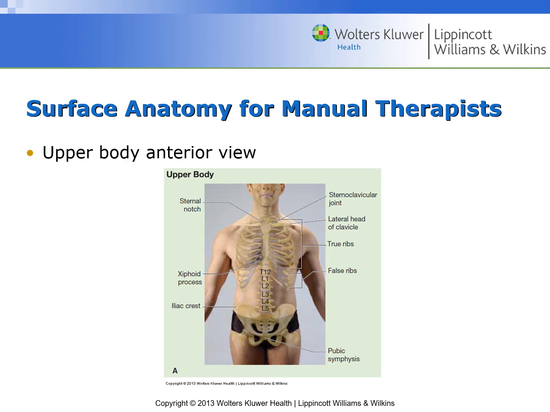Now, in terms of surface anatomy for us as manual therapists, we will often need to visualize the relationship of key skeletal structures and landmarks to effectively assess and treat our clients. Here we have an upper body anterior view, and what is very evident is, first of all, from the left-hand side, we can see the sternal notch.